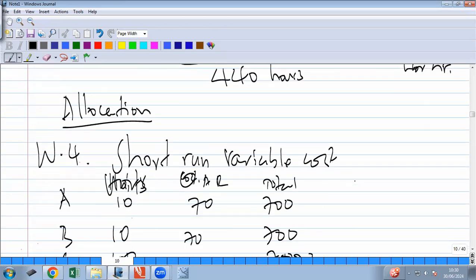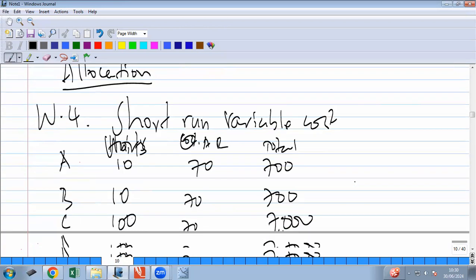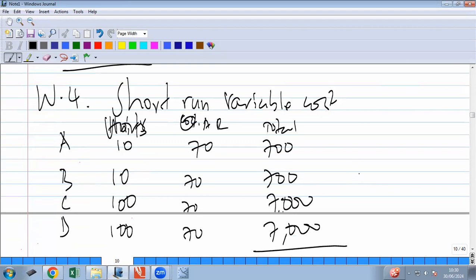So under allocation, we can also adjust that. Sorry for that. Excuse me, sir. Yes, sir. There's also another check to see that we are right, because when we are allocating the overhead absorption rate per hour, after our allocation the total should be equal to the total overhead, the 3,800.